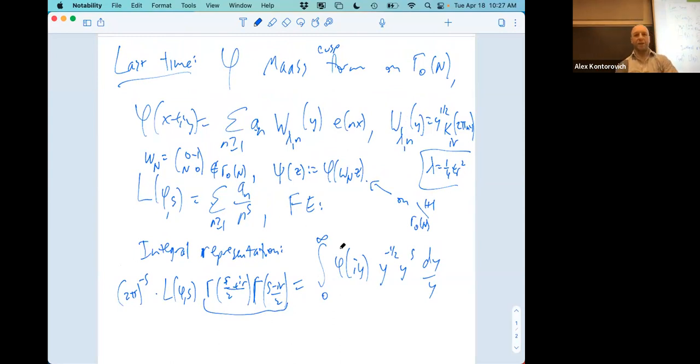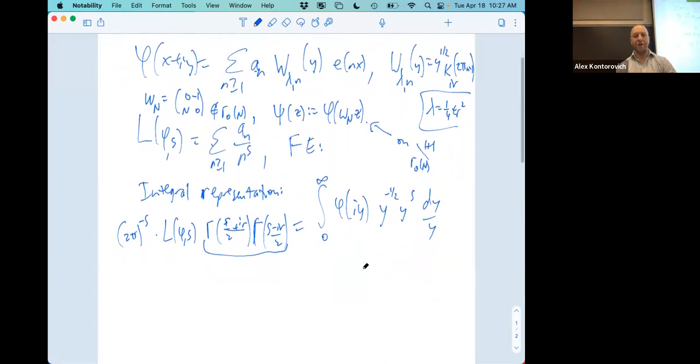Okay. And so when we make that change of variables, y goes to -1 over y, then this becomes the same integral, but with psi and with some factor like n to the, in fact, we're going to get a factor of n to the s minus a half out, or a half minus s.